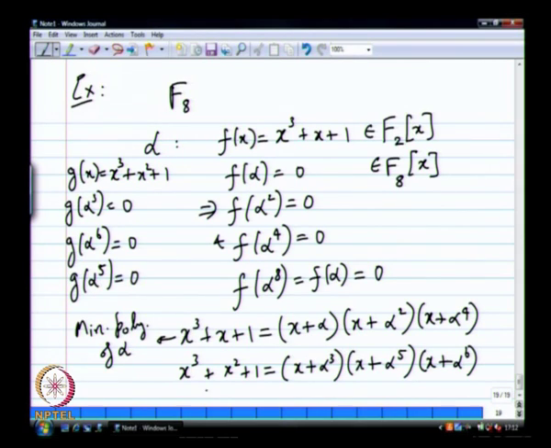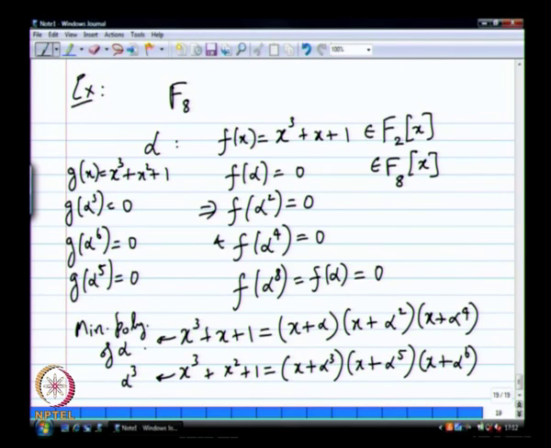Same thing is true here. The minimal polynomial of alpha power 3 has to be this for precisely the same reason. Let me ask you a couple of questions with simple answers. What is the minimal polynomial of alpha squared? Same as this.